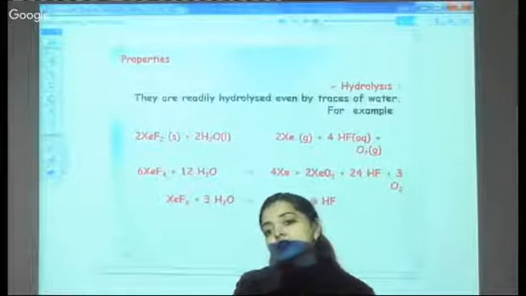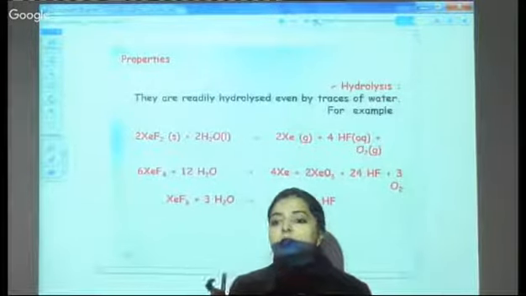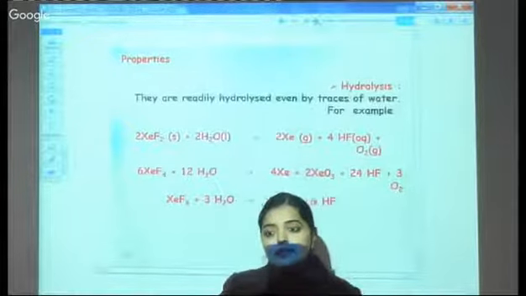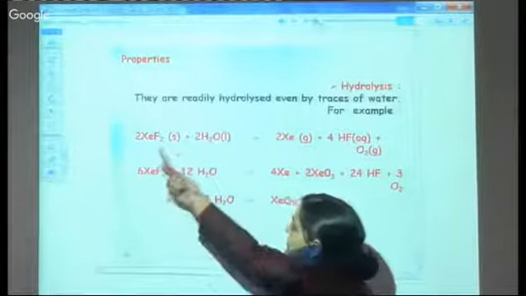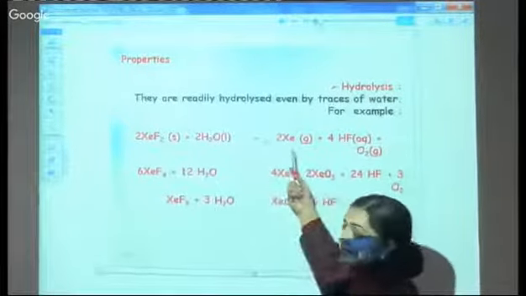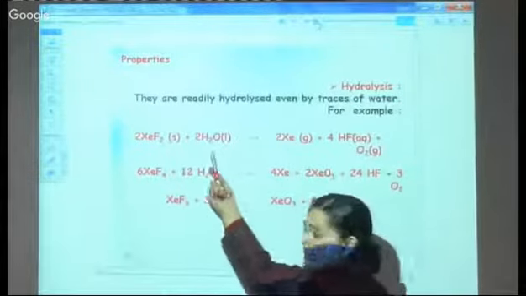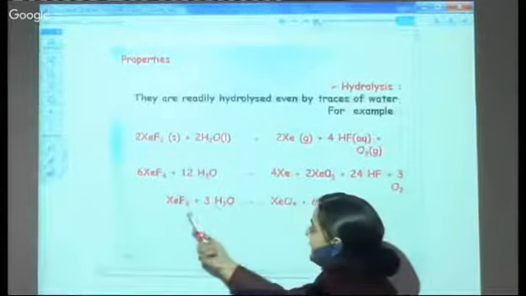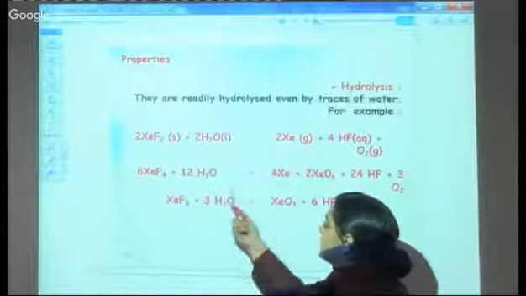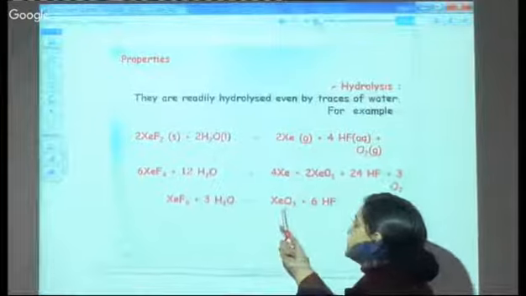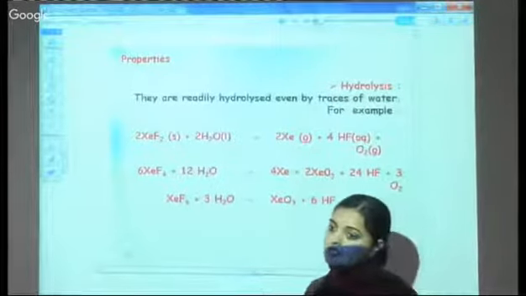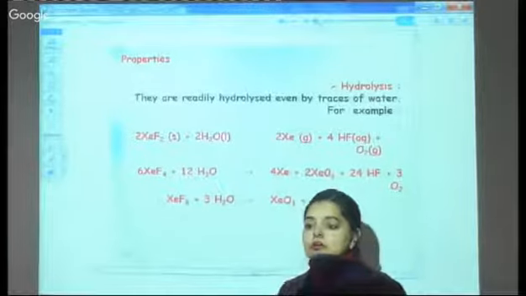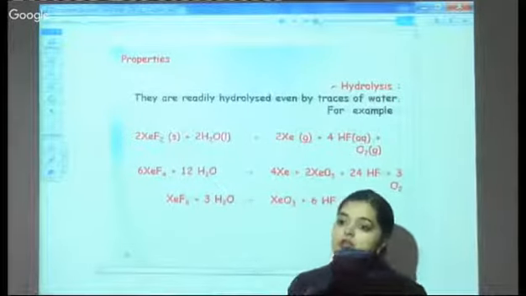But they can be reverted back if these complexes are hydrolyzed, dissolved in water. You get xenon back again. XeF2 gives you Xe on hydrolysis. So is the case with XeF4, and XeF6 also gives you. But the condition here is it gives you not only xenon but an oxide of xenon. Fine? Because the higher the oxidation state, the more difficult it is to get back the xenon.